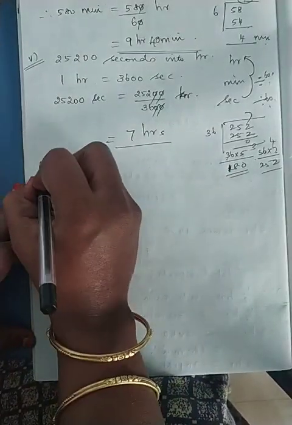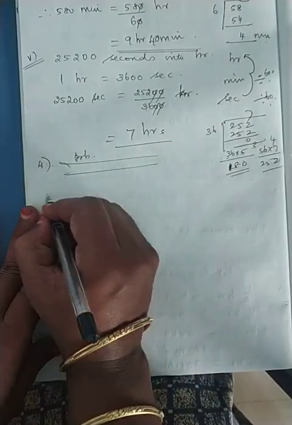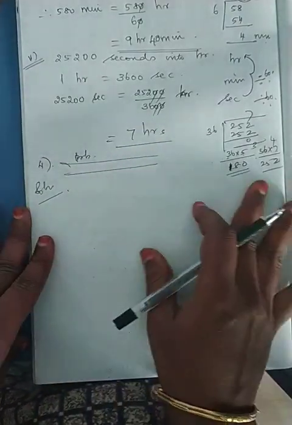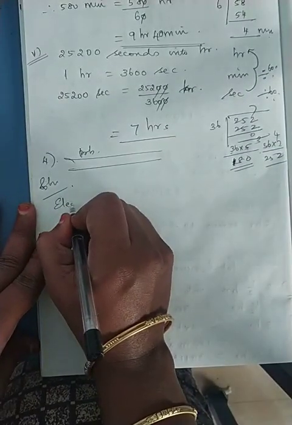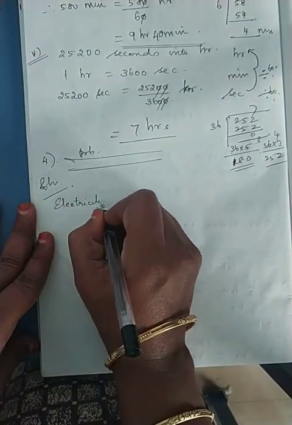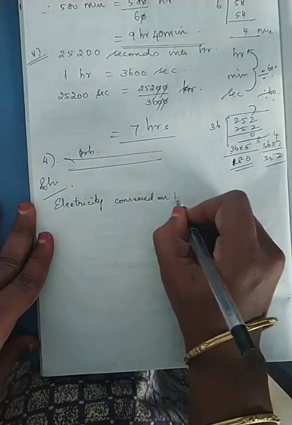Now coming to the fourth problem. You have to write the problem here. This is for the problem statement. And the solution is the duration of the electricity consumed by the farmer for Monday and Tuesday. They have given, find the total duration. So you can write electricity consumed on Monday.